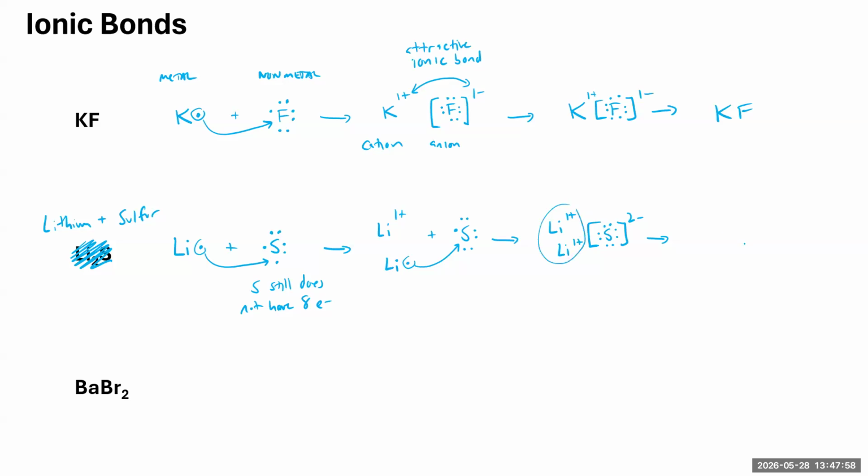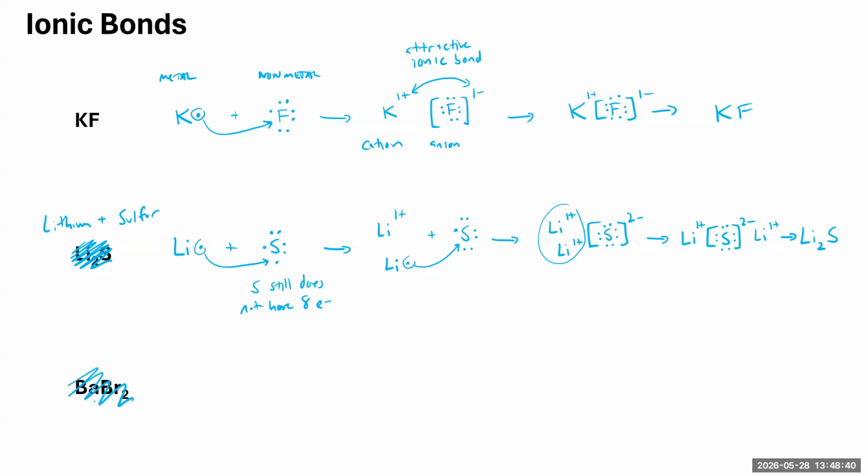Since these are identical now, you're going to write it as Li, two of them. Each of those has a 1. I don't like the way they wrote that, so I'm going to do it my own way because I think it's more intuitive. Right, this lithium is a 1 plus, and it's probably going to be on the other side of this other lithium. This is a 2 minus, and then we have another lithium 1 plus. So the formula is Li2S.